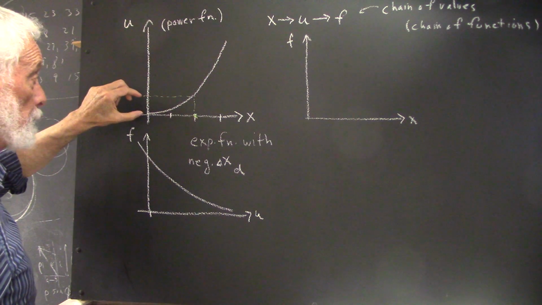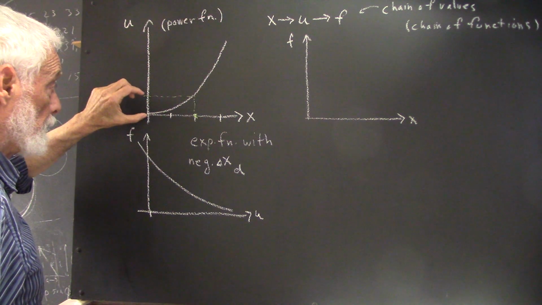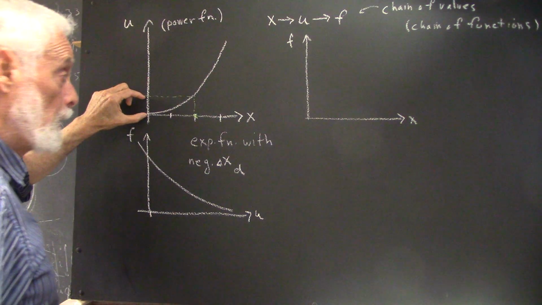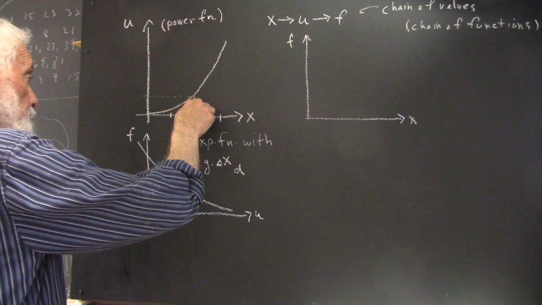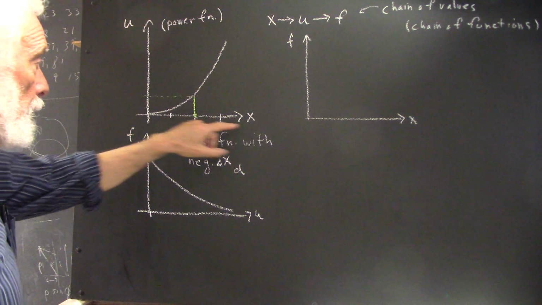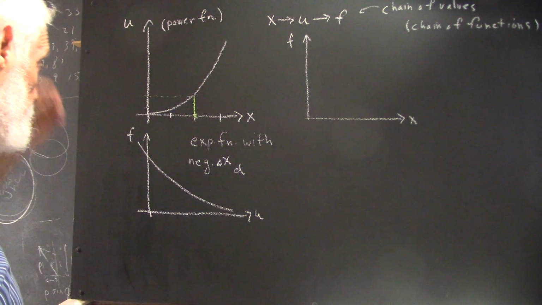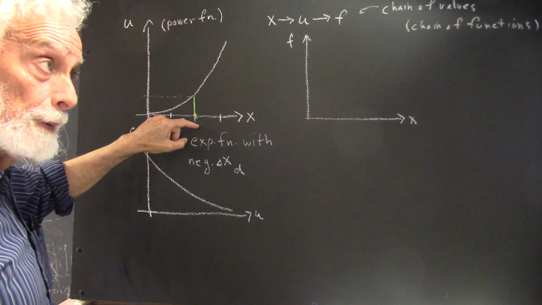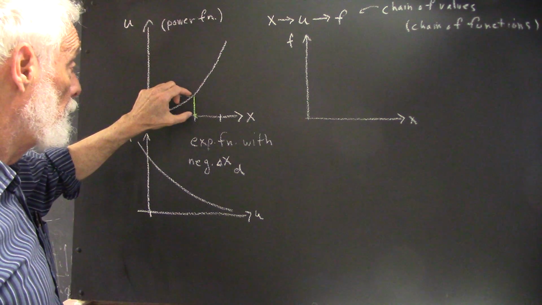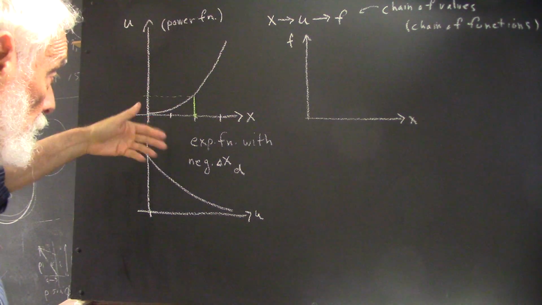Now that value can be represented by this distance from the origin up to this point, which means that it can be represented by a line segment from this point on the x-axis up to the graph. Okay, well, then there's our value of u that corresponds to this value of x. And that can be constructed very easily.